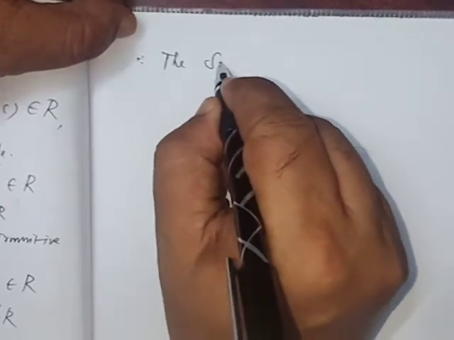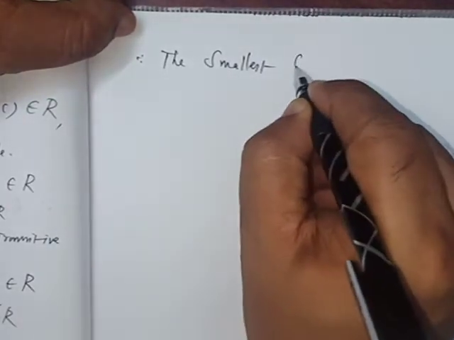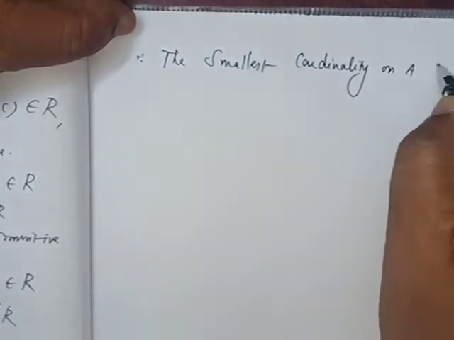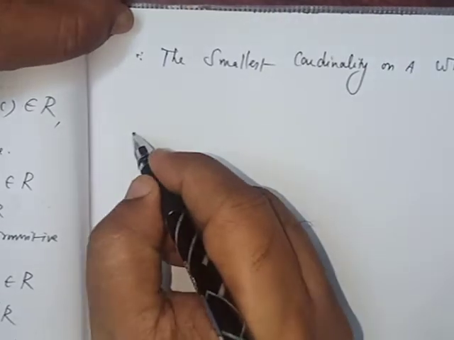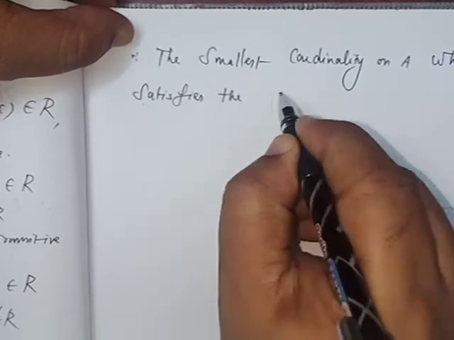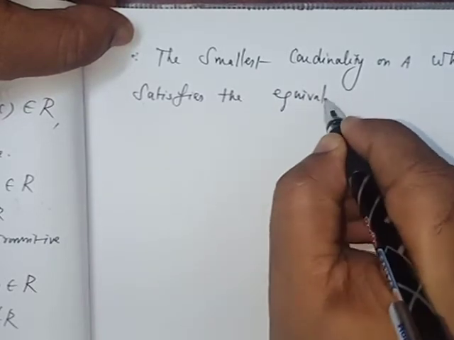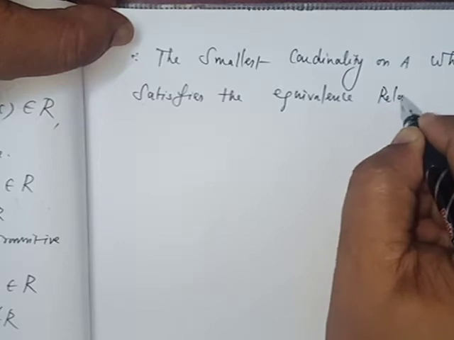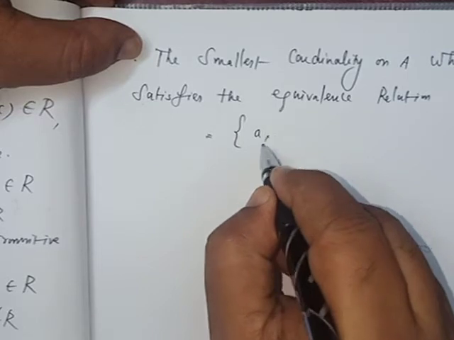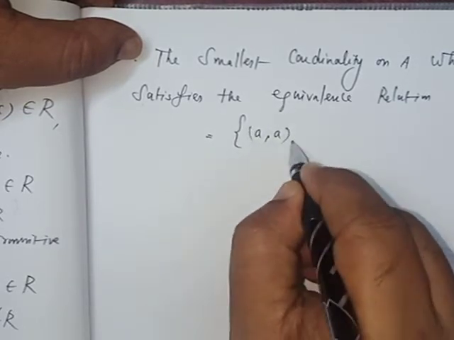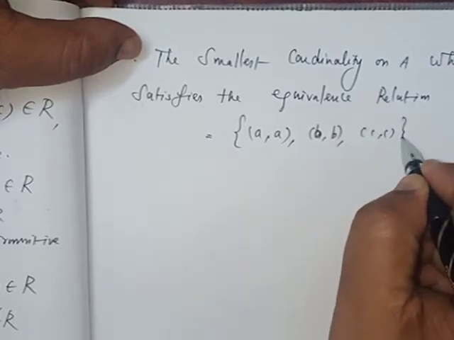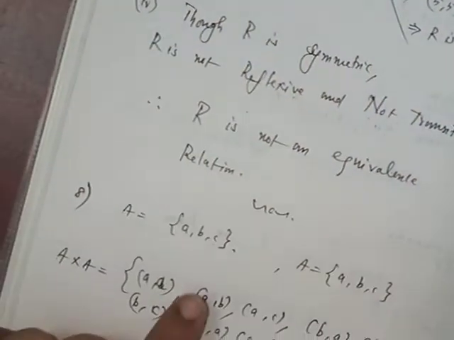This is A cross A. Therefore, the first one, the smallest cardinality on A which satisfies the equivalence relation: since we have three elements in the set A, you have to write (A, A), (B, B) and (C, C).